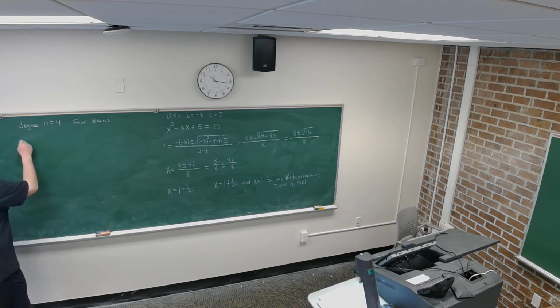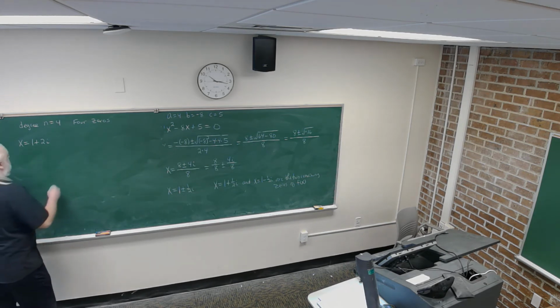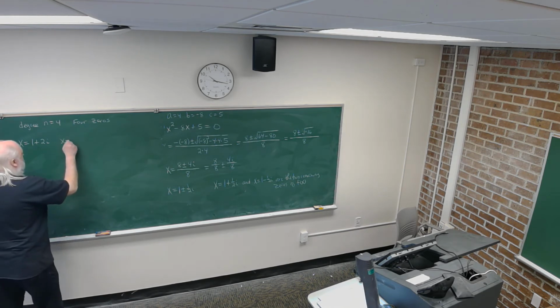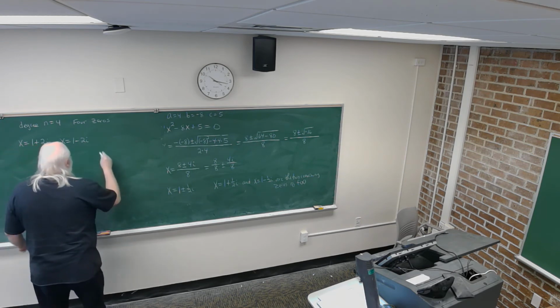Now we're given x equals 1 plus 2i is 1 zero of the left-hand side. So what's another zero of the left-hand side? 1 minus 2i. Remember, complex zeros come in pairs. So x equals 1 plus 2i, and x equals 1 minus 2i are zeros.